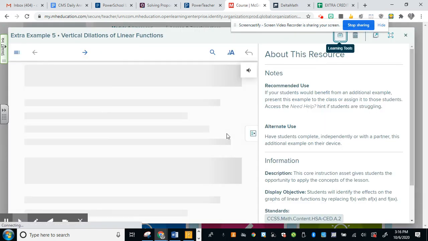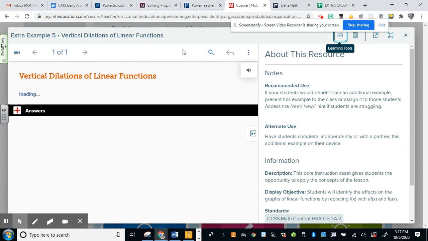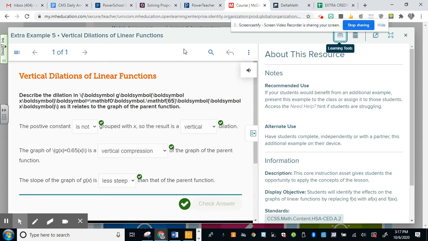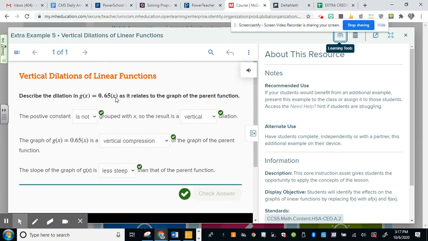These are the ones that are a little bit confusing, so you have to watch out, be careful, look back at those notes. You're allowed to use the notes on the homework. So here, these are not grouped together. So the positive is not grouped with the x, so it's vertical because they're not both in the hugs.